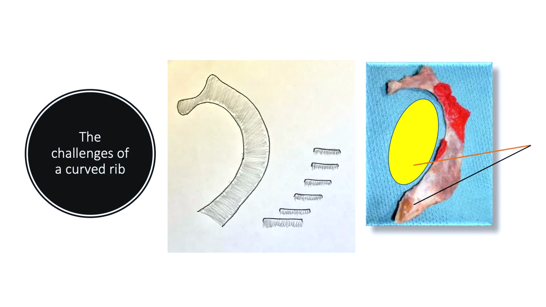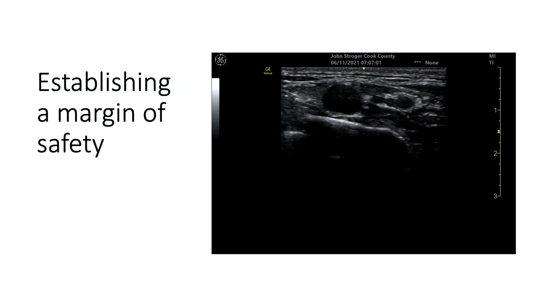And I teach it to everybody that goes through our rotation, and that would be establishing a margin of safety, as I will call it. And it's simply having an image of the first rib that overshoots the subclavian artery medially. It's as simple as that.